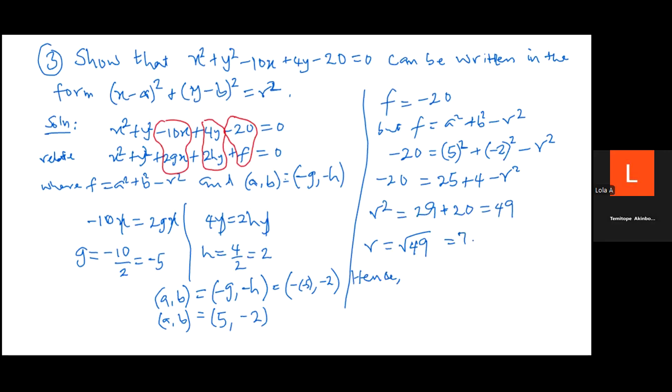So I will have now (x minus 5) squared, a is 5, plus (y minus b), b is minus 2, so it will become (y plus 2) squared equals r squared, that's 7 squared.